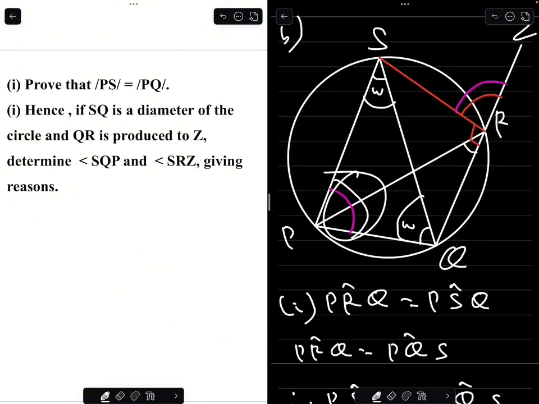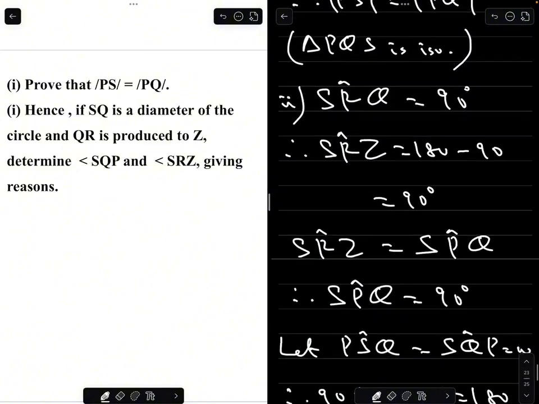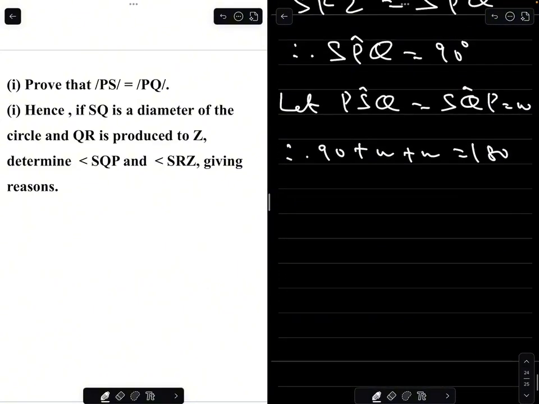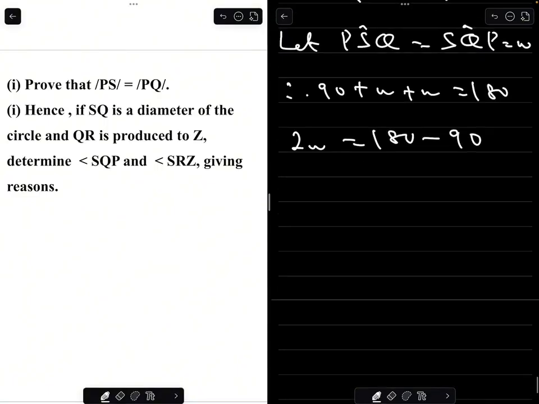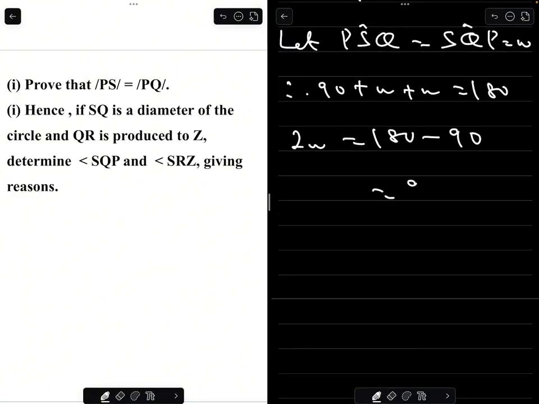The reason for that is the sum of angles in a triangle. W plus W is 2W, which equals 180 minus 90, so 2W equals 90.